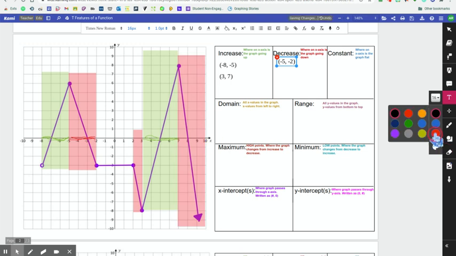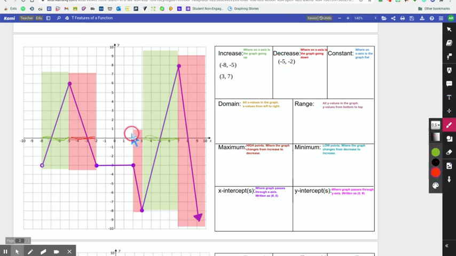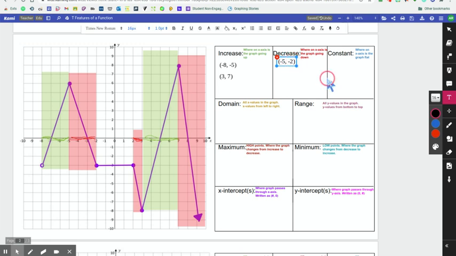What about this second little bit? From what number to what number on my x-axis is it decreasing? Perfect. From 2 to 3. Oops. 2 to 3.